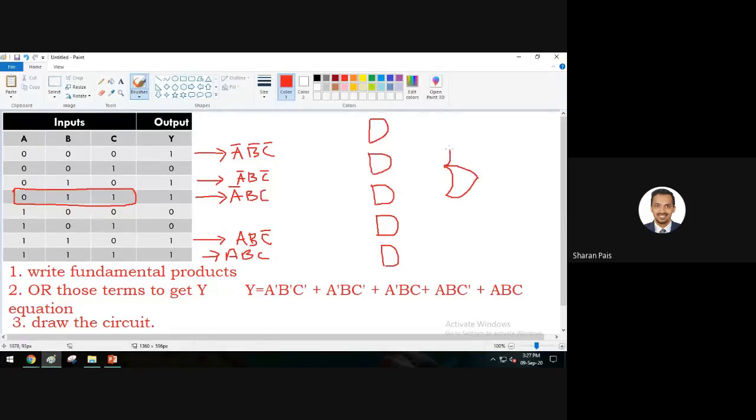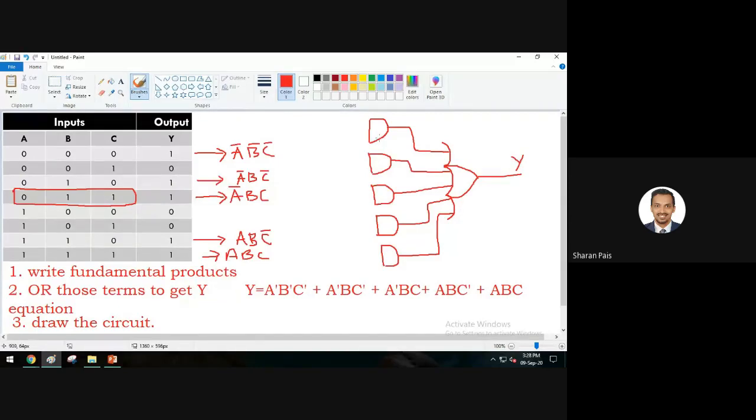If you have more inputs, you can give wings like this. This is Y. So first, second, third, fourth, fifth.